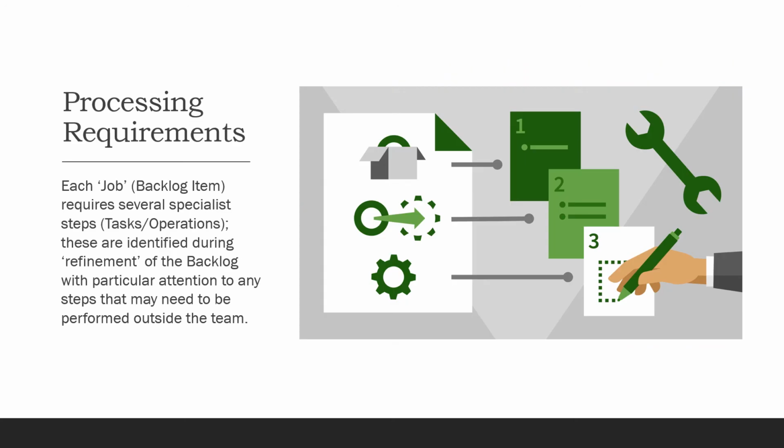The first step in scheduling is to identify the specialist steps, tasks or operations that each job or backlog item will have to pass through when being processed by the team. These steps are identified during the refinement of the backlog, and particular attention needs to be paid to any steps that need to be performed outside the team.